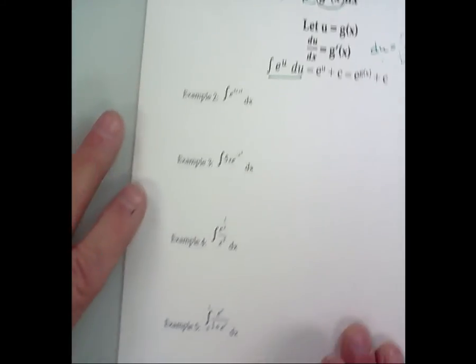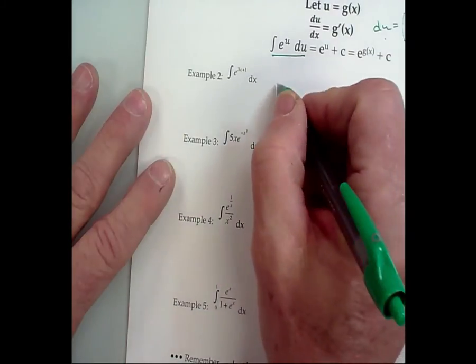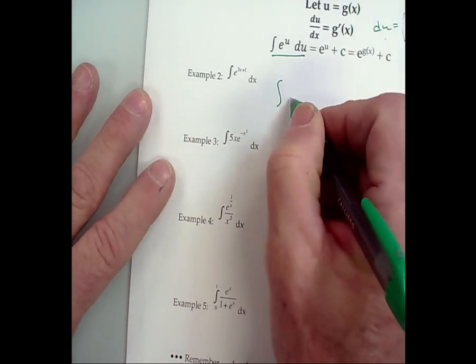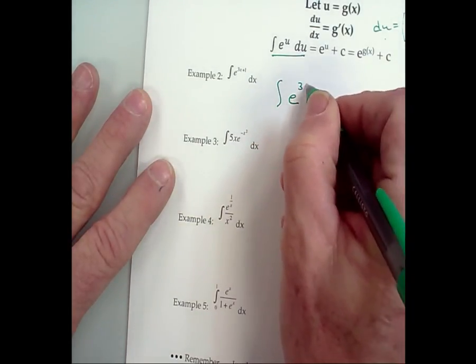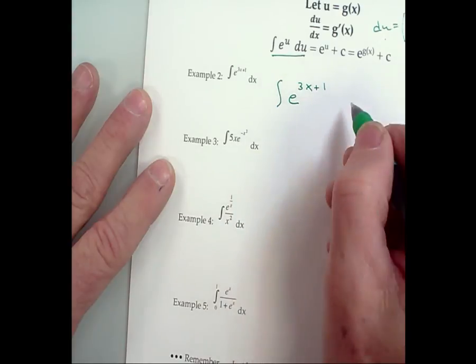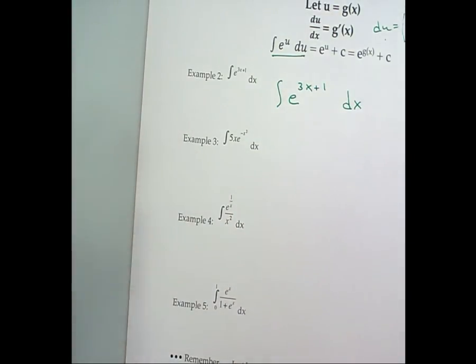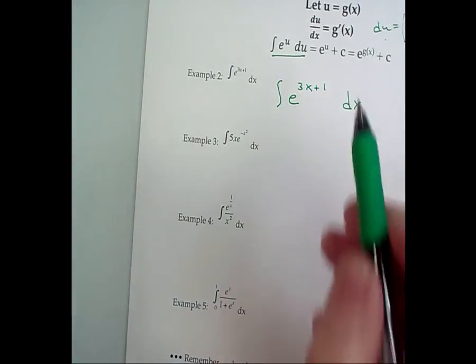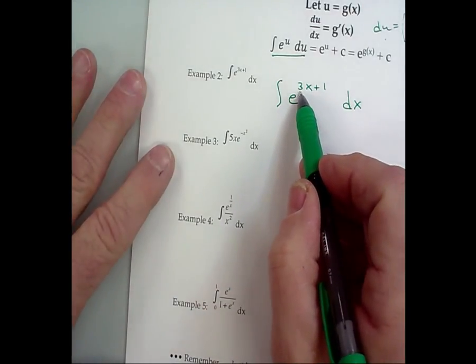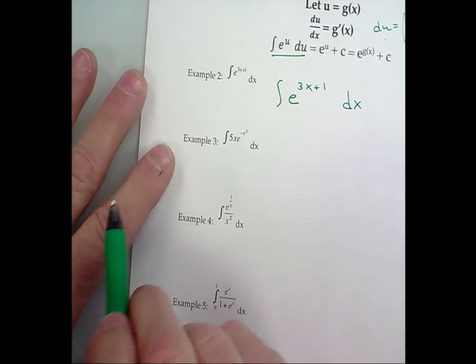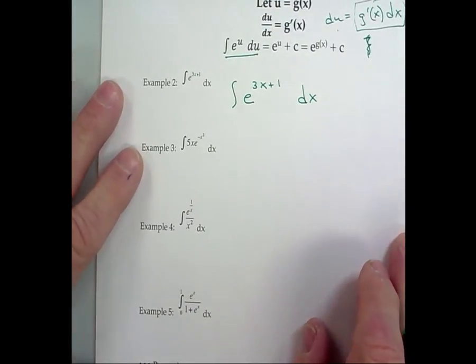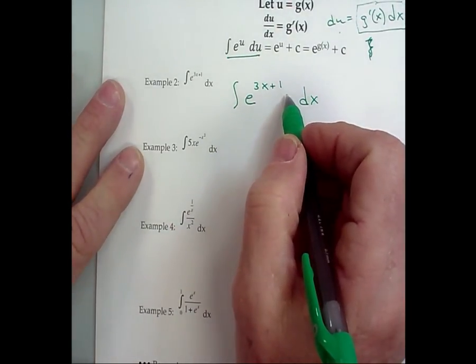All right, so let's take a look. Let me write this a little bit bigger. So, Sama, if I look at this, what's the derivative of this exponent? 3. It needs to be in here, doesn't it?